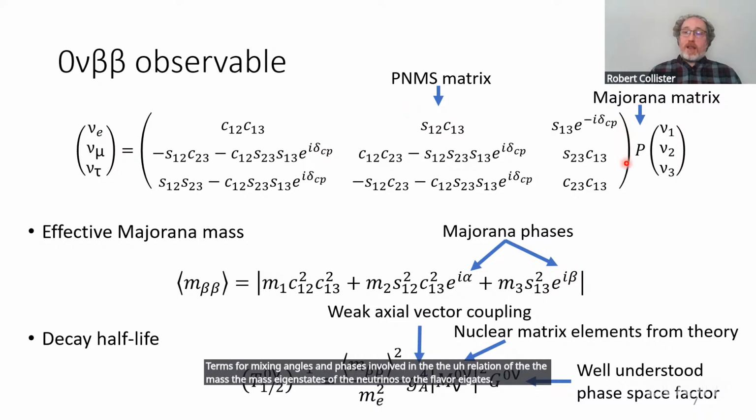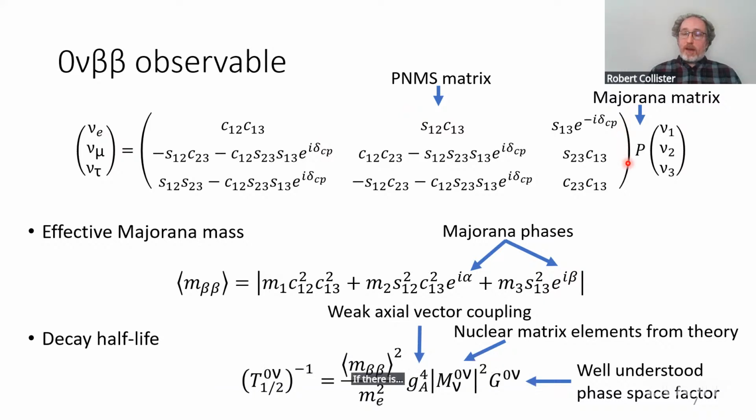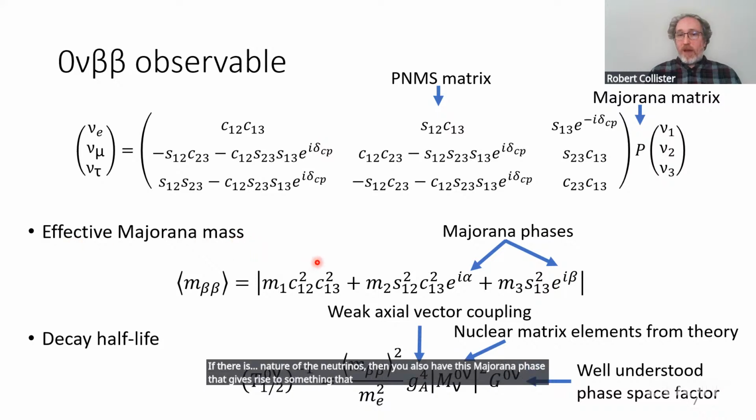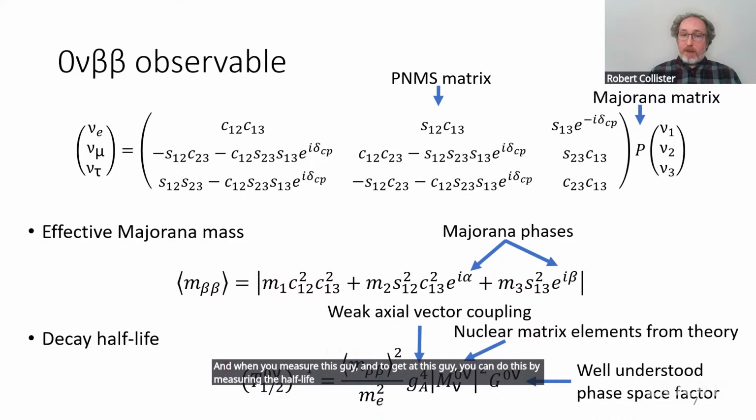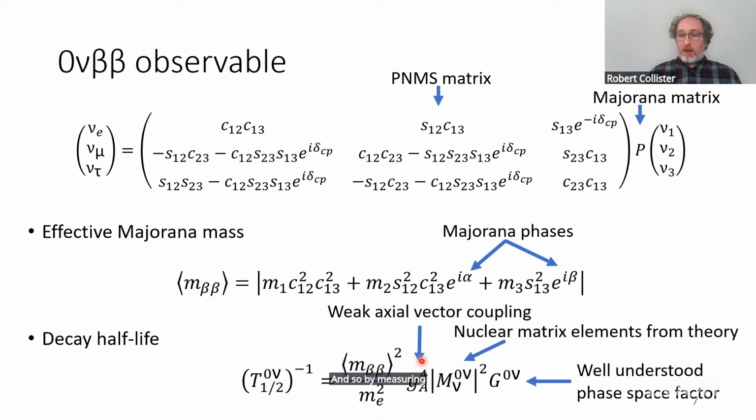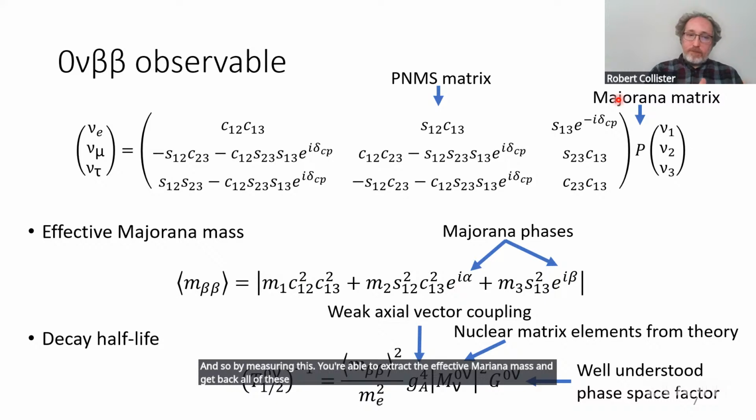If there is the Majorana nature of the neutrinos, then you also have this Majorana phase that gives rise to something that's called the effective Majorana mass, which is a linear combination of the masses of the neutrinos, the mixing angles between them, and the Majorana phases. To get at this, you can do this by measuring the half-life of the decay. And so by measuring this, you're able to extract the effective Majorana mass and get back all of these interesting things about the nature of neutrinos.